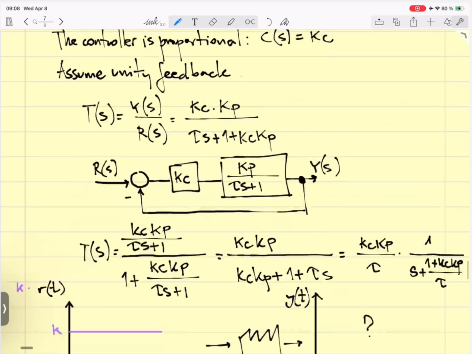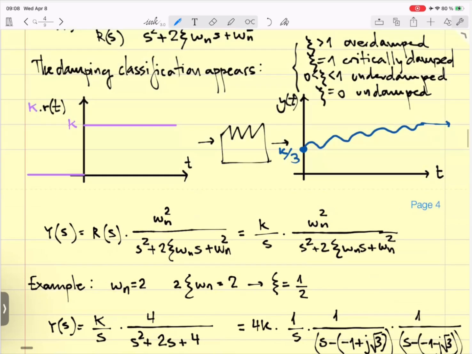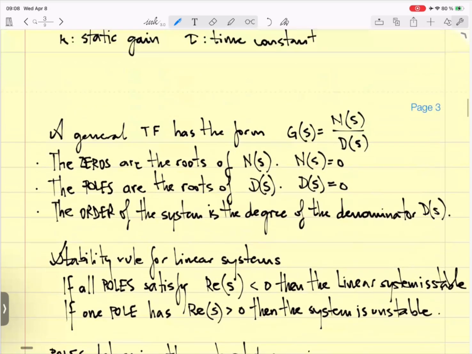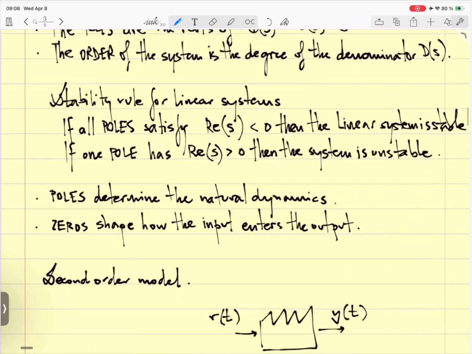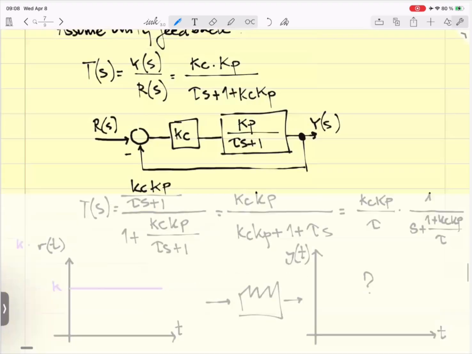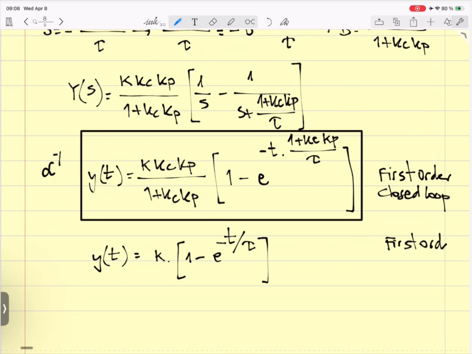If we look above in our notes, the solution we got was k times 1 minus exponential of minus t divided by tau. Okay, this is the open loop, first order open loop.